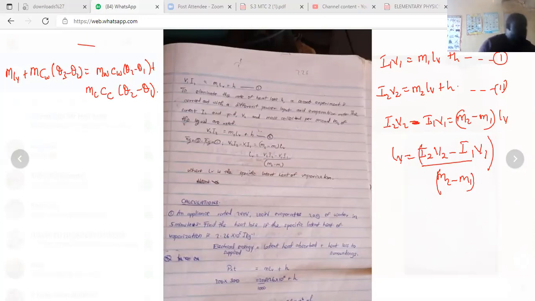See how these experiments are carried out. The next lesson is going to be calculations on latent heat. So unless someone has a question for now, the rest of the items that will follow will be calculations on latent heat, and we shall have finished calorimetry.